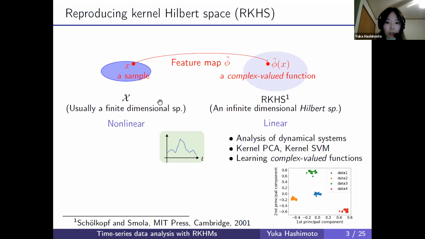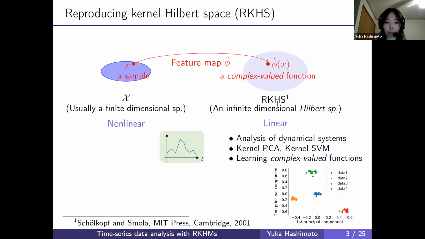Although the original space is usually a finite dimensional space, RKHSs are in general infinite dimensional spaces. So nonlinear relationships between samples in the original space are transformed into linear ones in an RKHS.